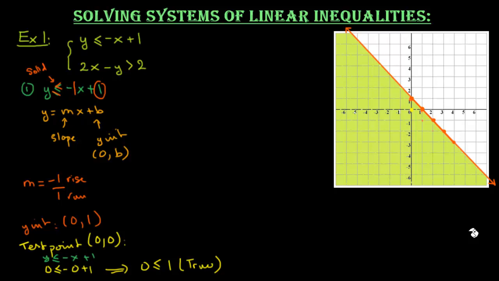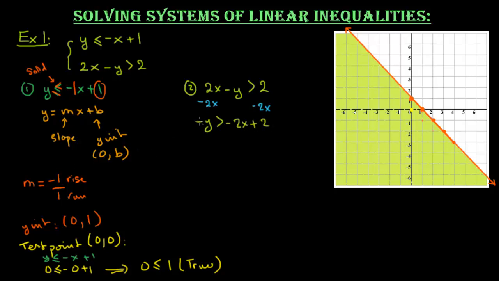Now we solve the second inequality, 2x minus y greater than 2. To graph it using the slope-intercept form, I need to solve for y. So we subtract 2x on both sides. We have negative y greater than negative 2x plus 2.